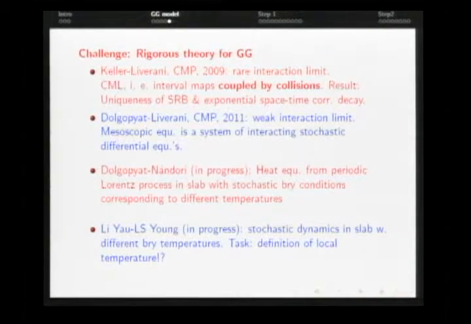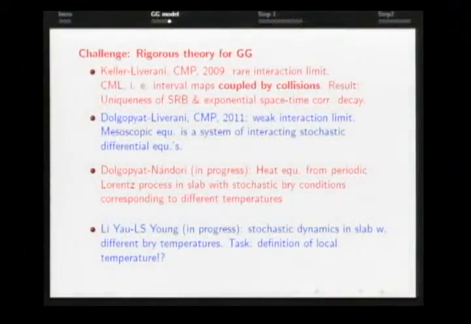You take a periodic Lorentz process in a slab, with stochastic boundary conditions corresponding to different temperatures, and they derive the heat equation. And there is another work in progress where they also consider a slab and a sort of stochastic dynamics in a slab with different boundary conditions. They are trying to understand what temperature actually is in the middle of the model.